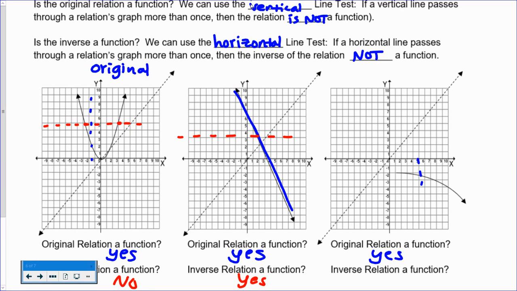For my next one, it does pass. Some students might think that part right there wouldn't, but it's getting away from that starting position so gradually that it almost looks like it wouldn't pass horizontally, but it does. So that would be a function. We're going to look at graphing the inverses, and we've already looked at points on a graph where you just switch the x and the y.